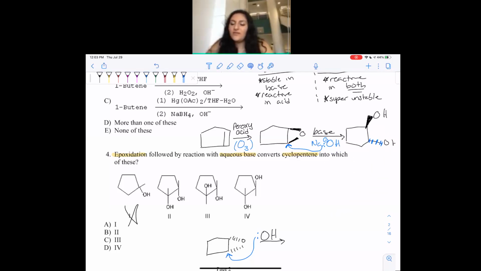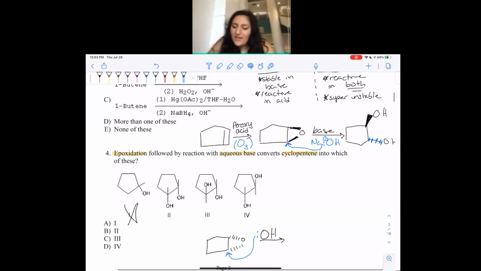From the wedge side, exactly. So you will get the exact opposite answer. Let me make it face the same way so it's not confusing. Okay, so this side stays wedged. This side is added.